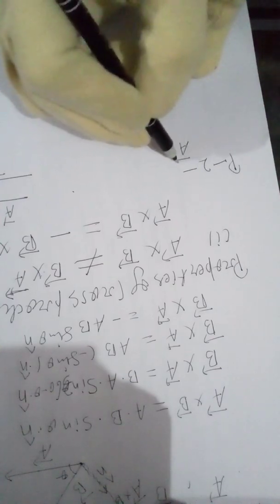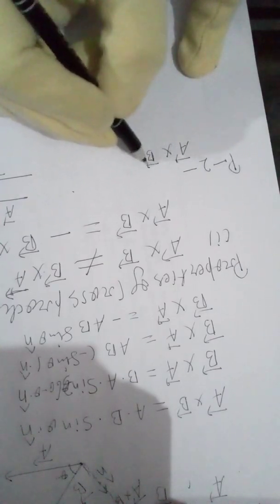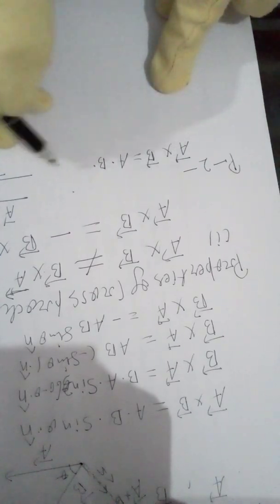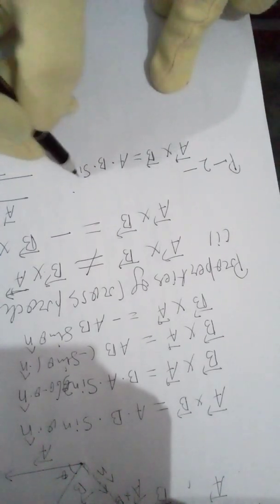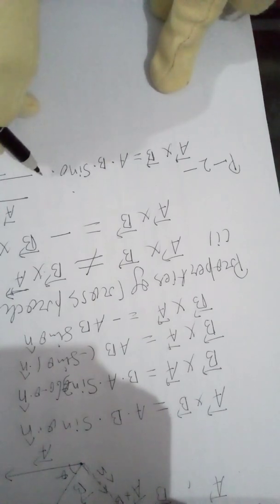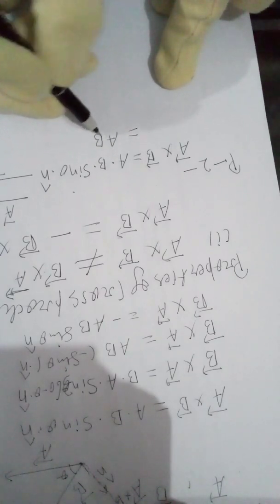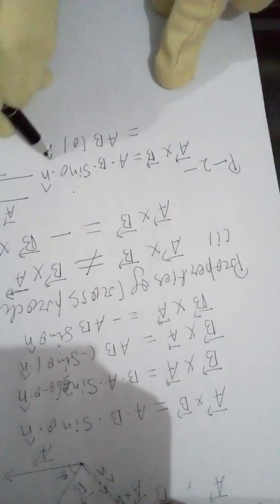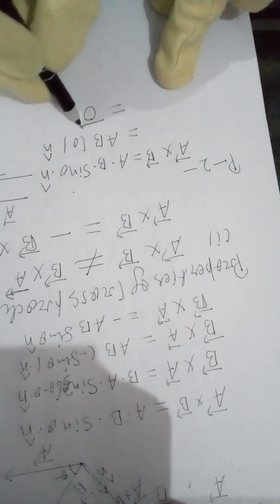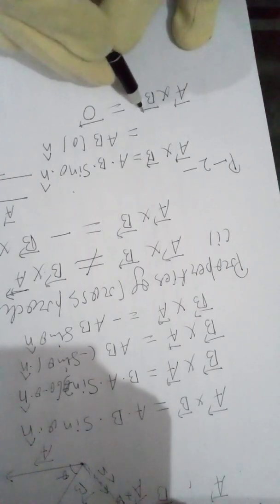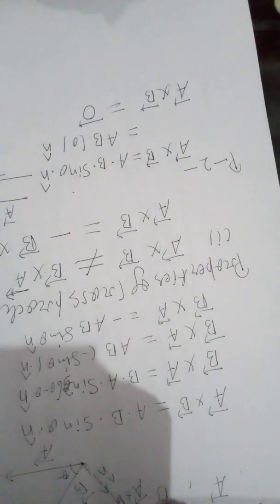So A cross B is equal to magnitude of A into magnitude of B into sine of the angle between A and B, that is sin 0, into unit vector, let n. So AB sin 0 is 0, so write here 0 vector. So thus the cross product of two parallel vectors is 0.